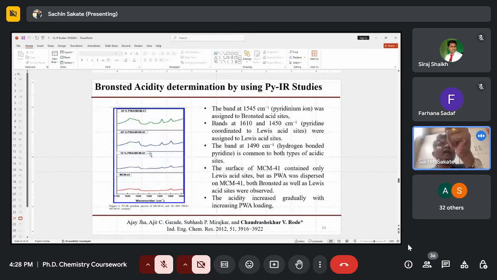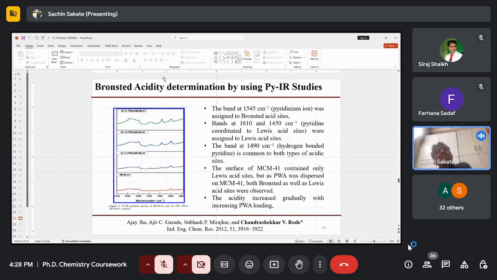But if you go to 20%, the peak is enhanced, or the bump is increased. And at 30%, you are getting a very good intensified bump. So as you go on increasing the PWA loading, 10%, 20%, 30%, Brønsted acidity is also increased.